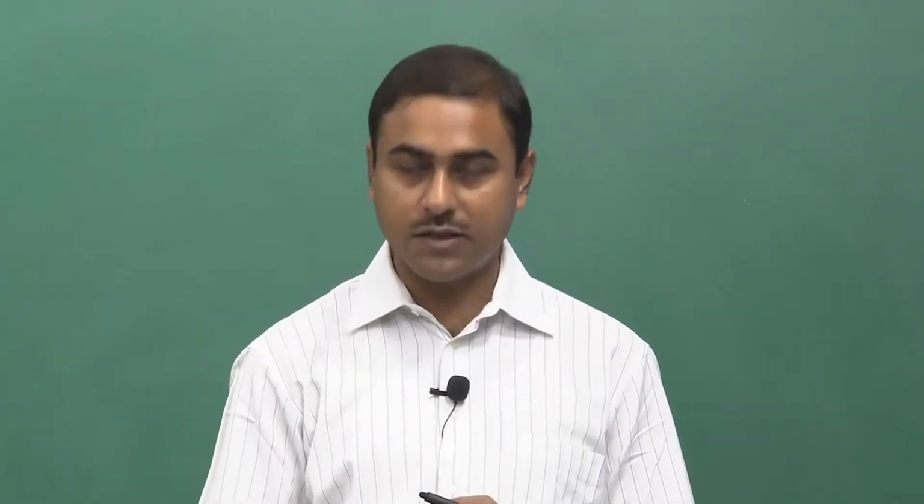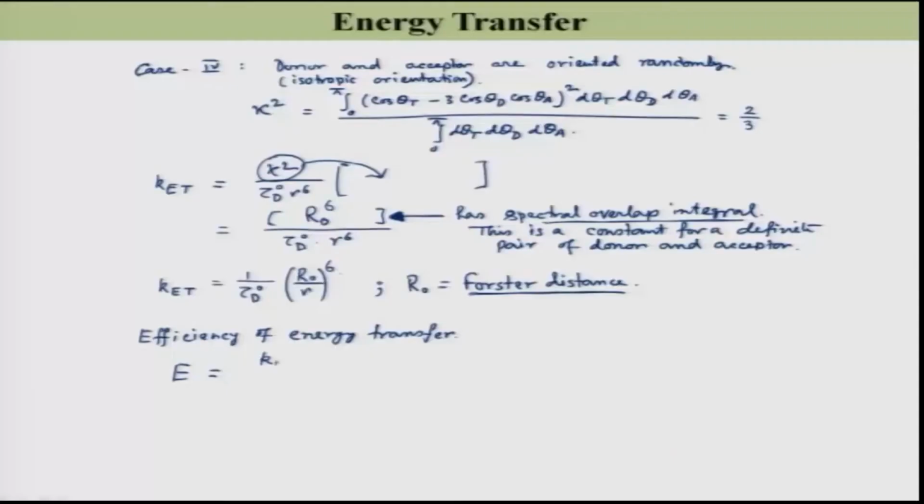So, this efficiency of energy transfer can be easily written as K Et divided by tau d inverse. In this tau d inverse I am going to have this Kr plus Knr, because you remember tau d equals 1 over Kr plus Knr. So I am going to have this all the time, plus K Et.